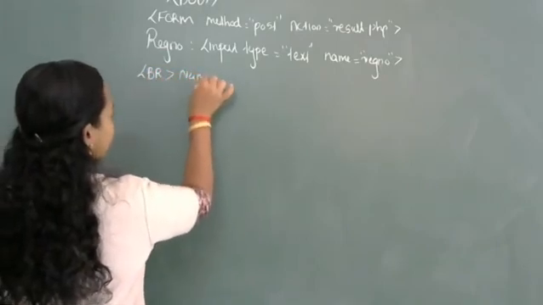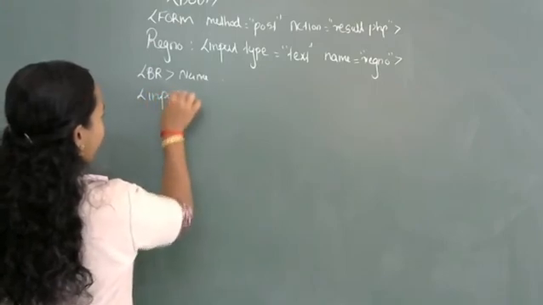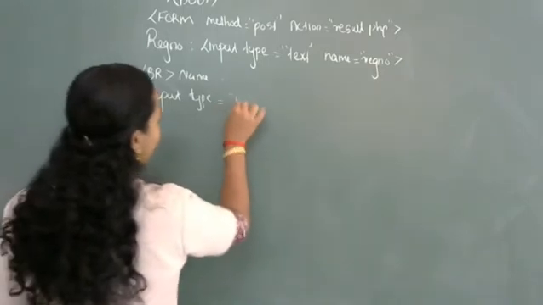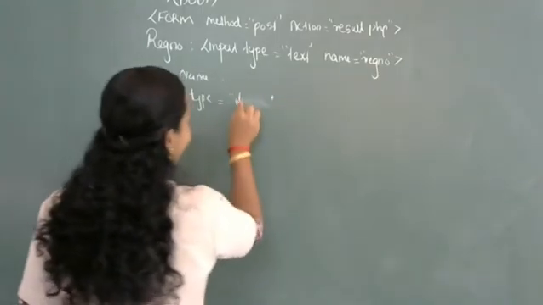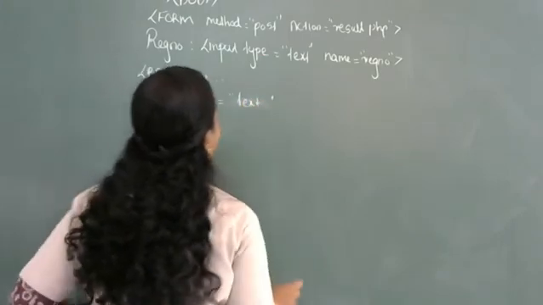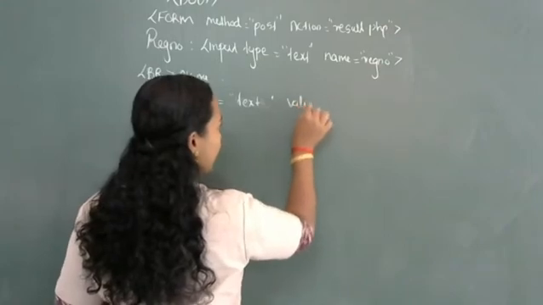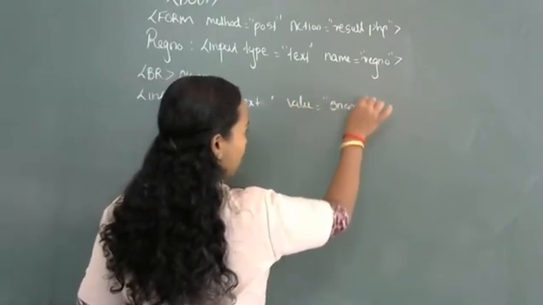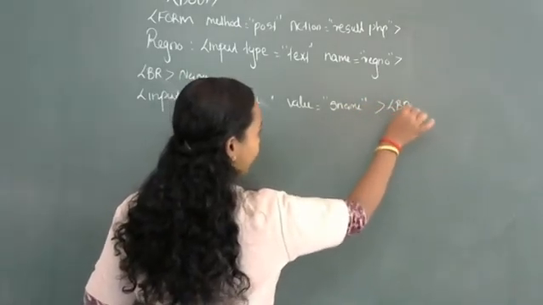Then name, colon, input type equal to text, name equal to sname, for student name, that's why the short form is sname. Then the BR tag.